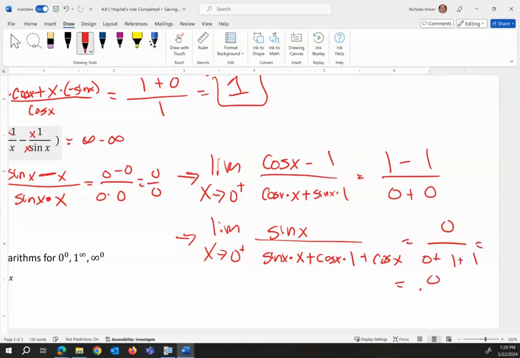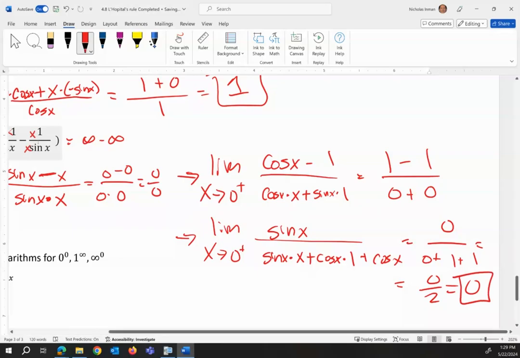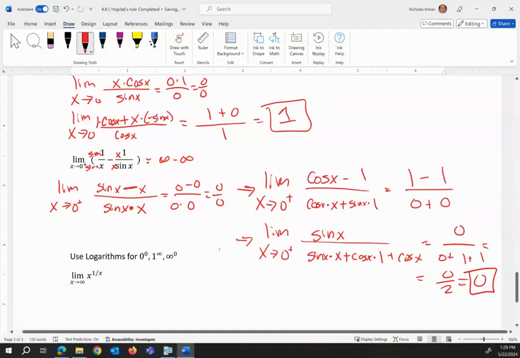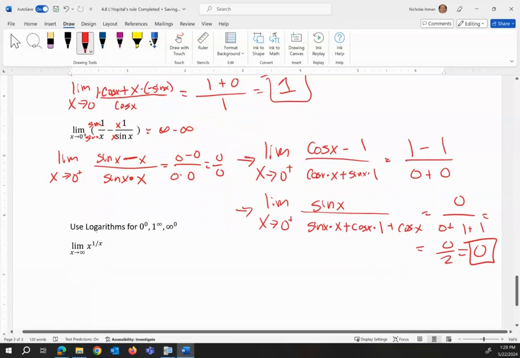So we wind up with 0 over 2, all of that to say a good old-fashioned 0. So this one might have been a situation where just doing a table might have been the easier method than doing all of that L'Hopital's rule.